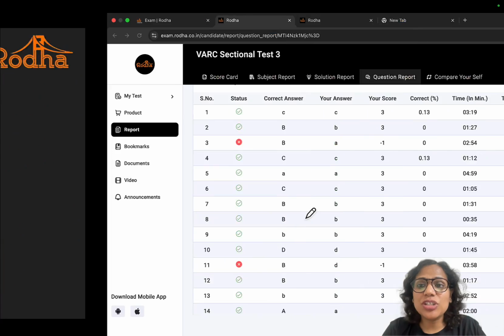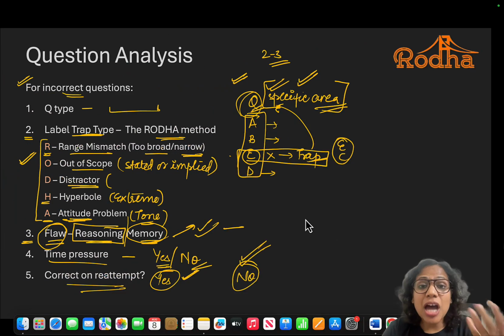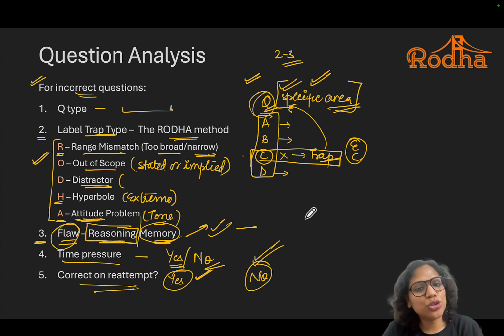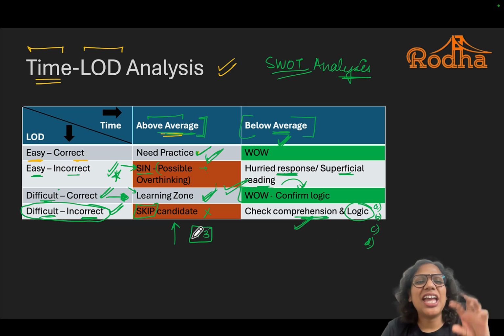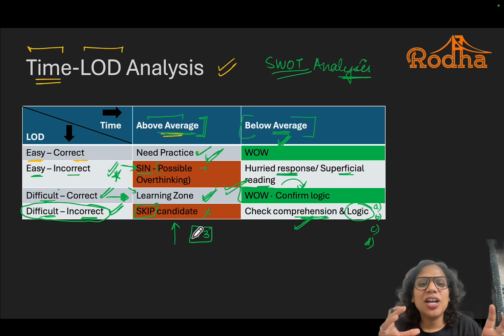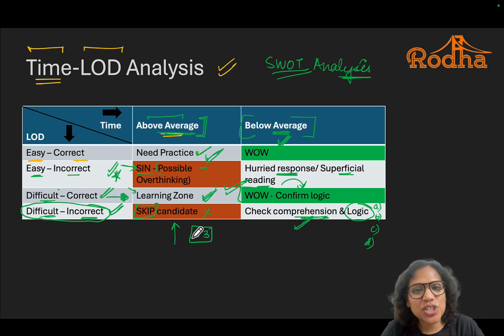For question type, for RC genre type, you can again go to the topic report. As far as this is concerned, I told you we are working on this, and we will give you 7 categories of difficulty level: very easy, easy, moderate, difficult and very difficult. Then you can see which one was correct for you, which one was incorrect for you.